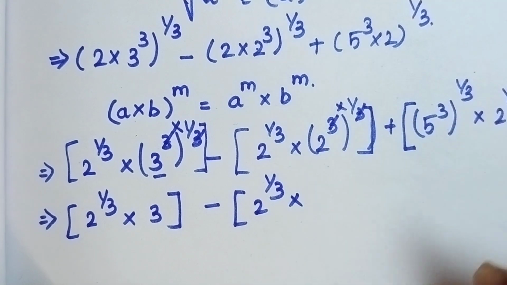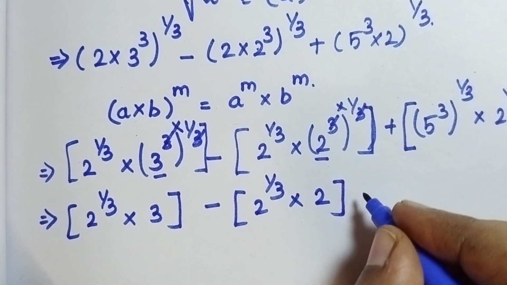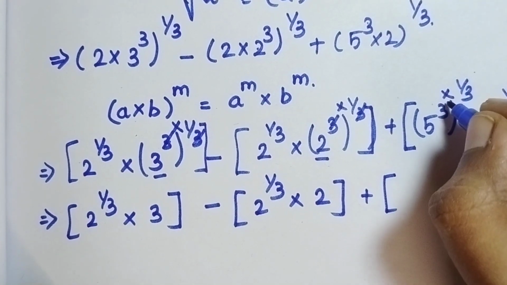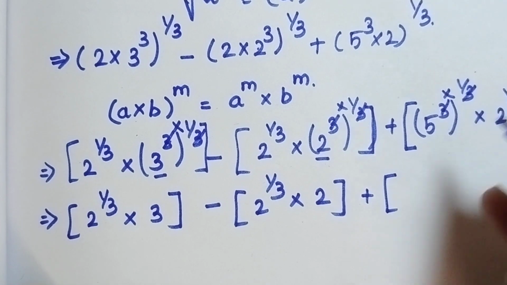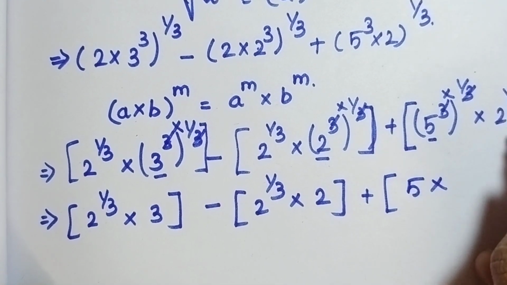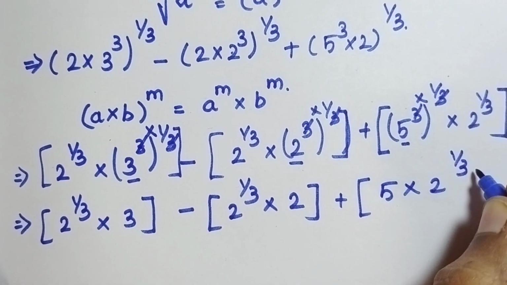This 3 and this 3 get cancelled, so the remaining is 2. Plus, here these two are in multiplication, this 3 and this 3 get cancelled, and the remaining is 5 into 2 power 1 by 3.